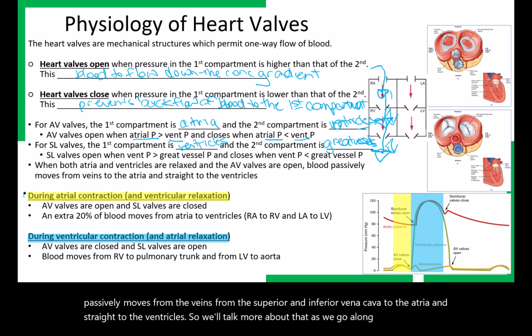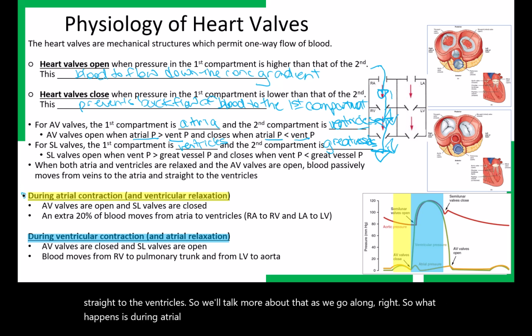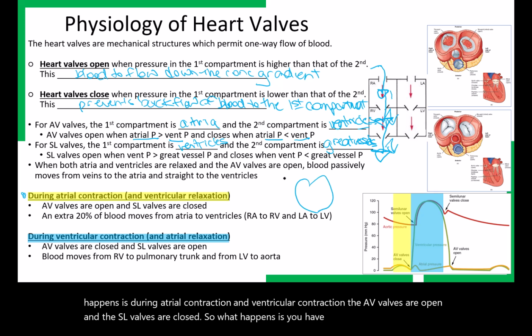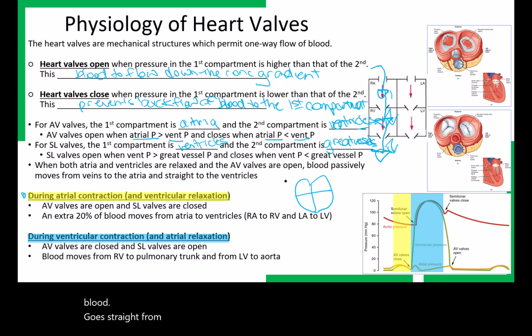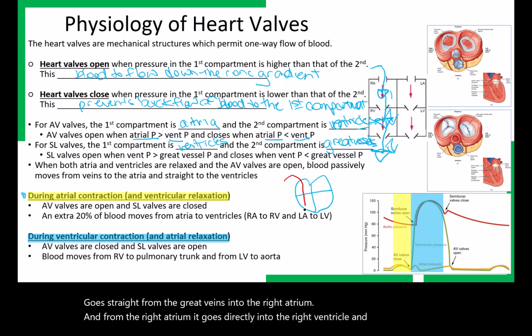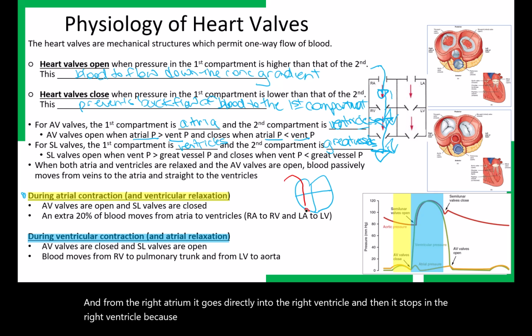So during atrial contraction and ventricular contraction, the AV valves are open and the SL valves are closed. So you have this format where blood goes straight from the great veins into the right atrium, and from the right atrium it goes directly into the right ventricle, and then it stops in the right ventricle because the SL valves are closed, whereas the AV valves are open.